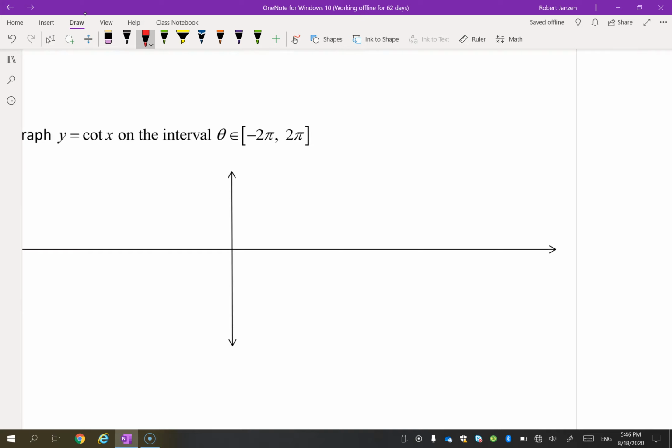So when I see this, my first thought is I should graph tan x. Good practice.